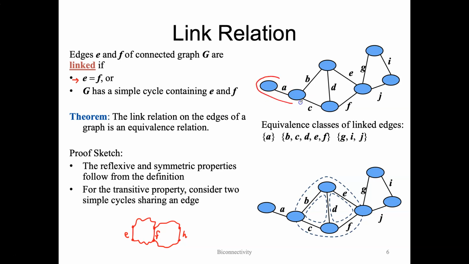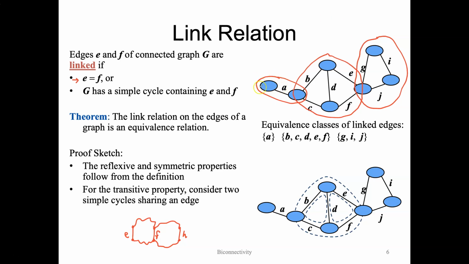Here we have only the edge A. Here we have the edges B, C, D, E, and F. And here we have the edges G, J, and I. Notice that because of how we defined the linked relation, 2 edges belong to the same class if there's a simple cycle containing them. Then we've partitioned our edges into what we'll call link components, but those link components induce biconnected components.